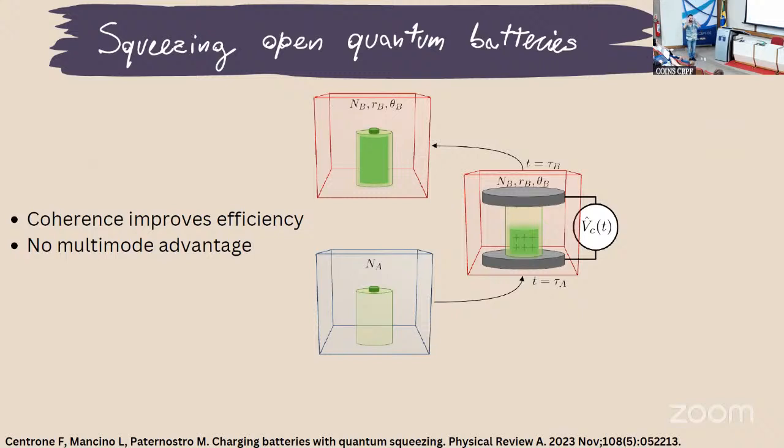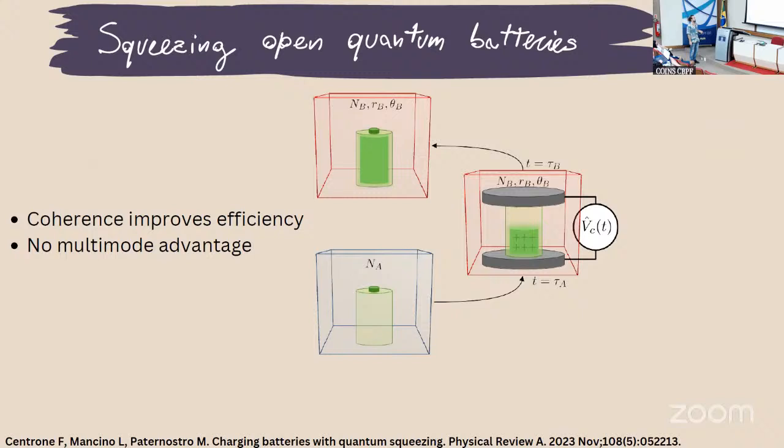And I remained with that idea. And we showed that in the Gaussian regime, there's no advantage, which is interesting because in the quantum computation world, there is no advantage with Gaussian operations also. So it's a nice connection between information processing and energy processing.